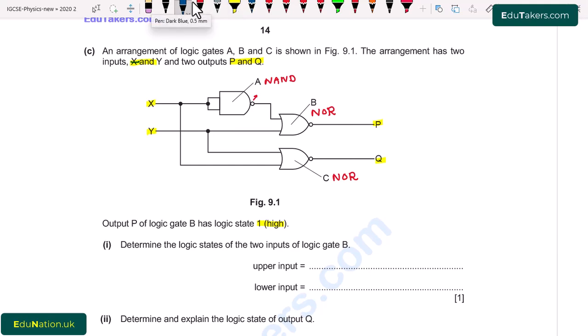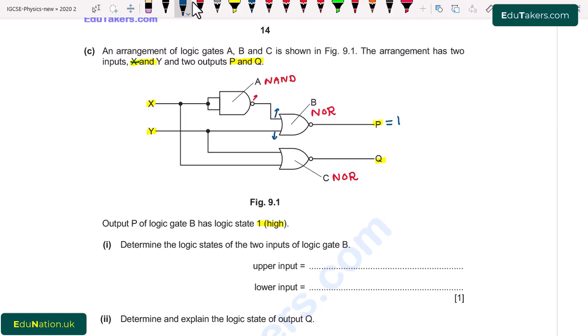I write here P is equal to 1 because the output of B is basically represented by P. So part 1, determine the logic states of the two inputs of the logic gate B. We have to determine the input of B, that is this one and this one.